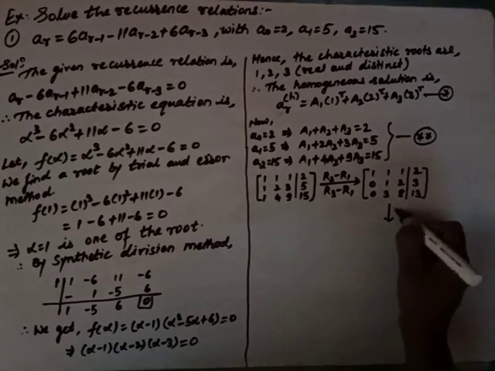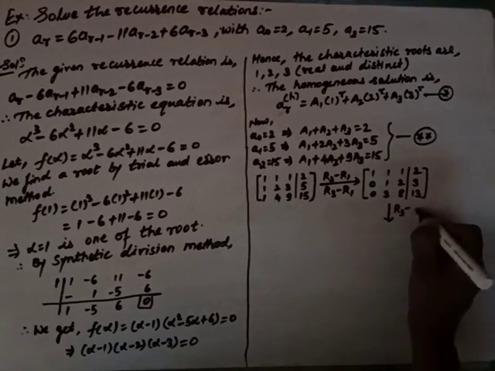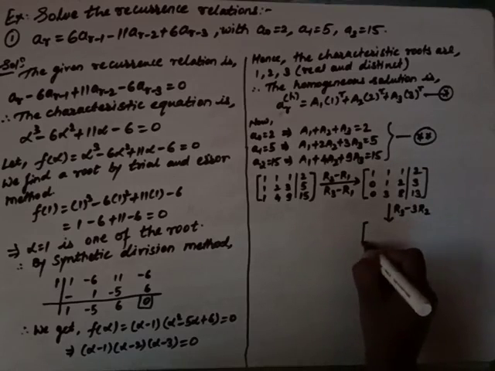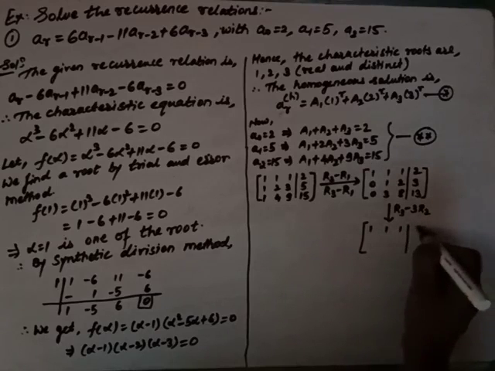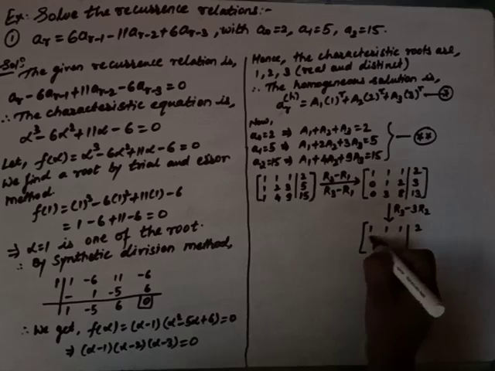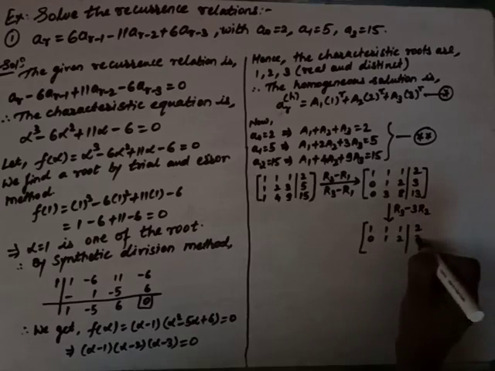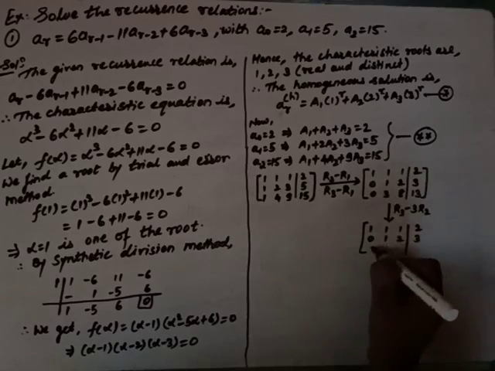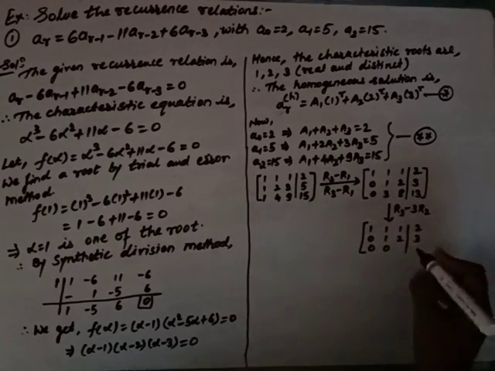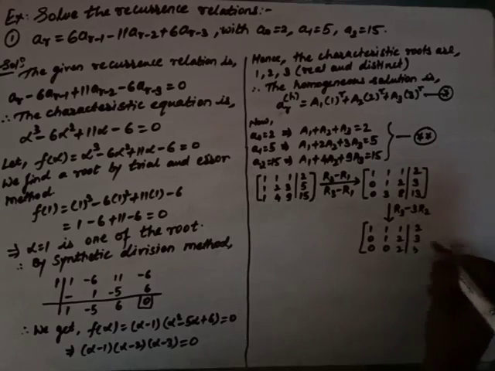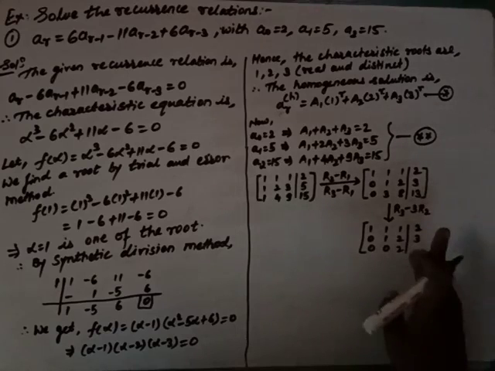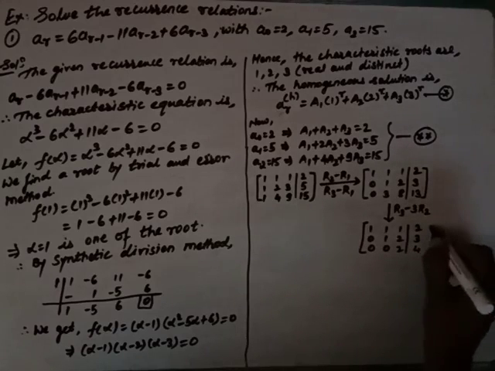Now here I have to apply R3 minus 3 R2. So I will get here 1, 1, 1, 2 as it is. Now this R2 as it is. So this is 0, 3 minus 3 so 0, and 8 minus 6 so that will be 2, and 13 minus 9 gives me 4.